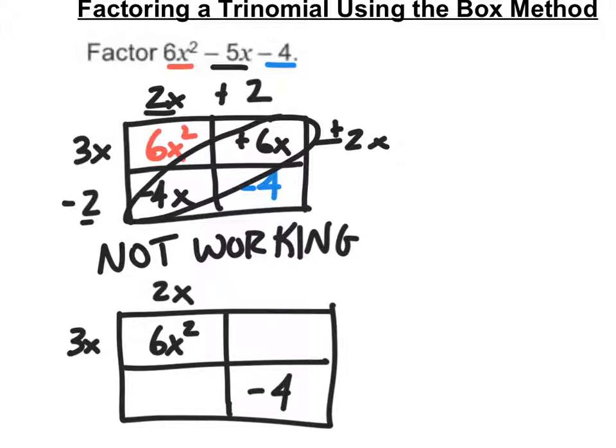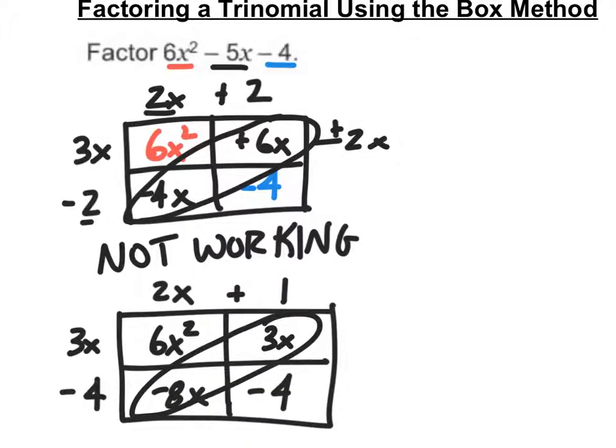Let's do a negative 4 here and a positive 1 here, so 2x plus 1 and 3x minus 4. Now if I take negative 4 times 2x, it's going to give me a negative 8x. And if I take a 3x times a 1, that's going to give me 3x. If I add these together, do I get negative 5? And the answer is yes. So I get a negative 5.